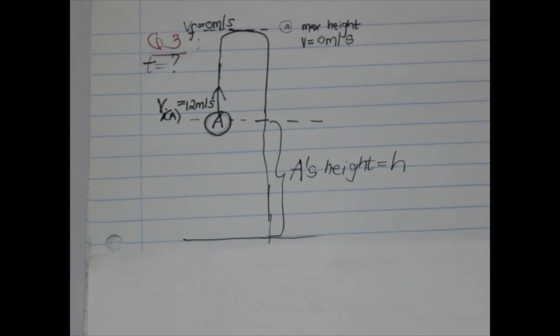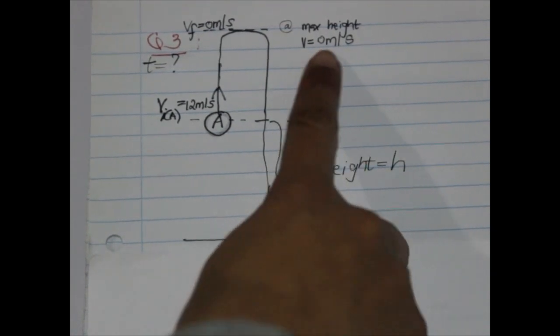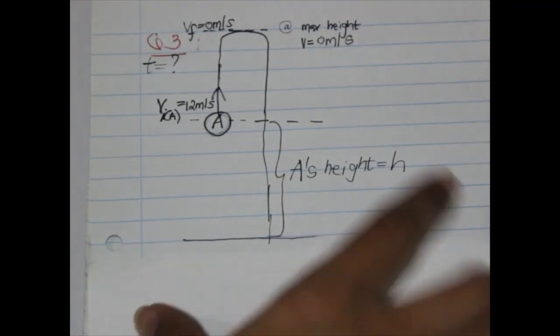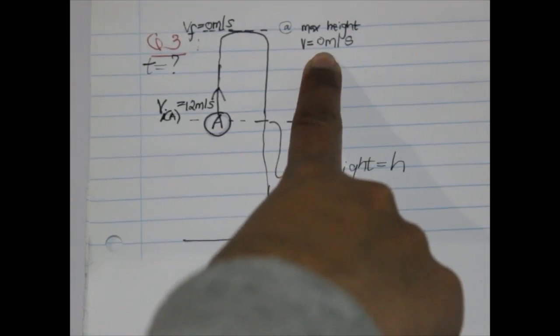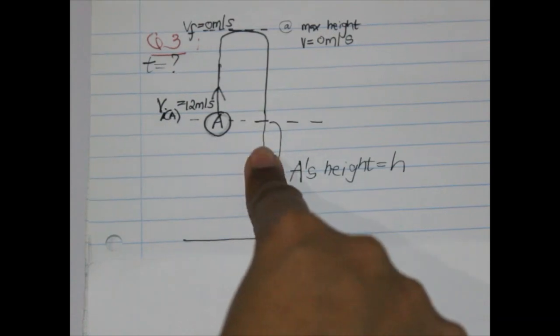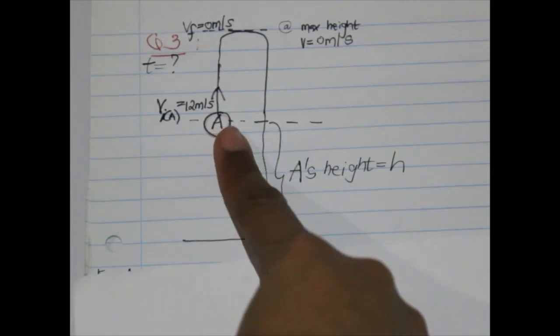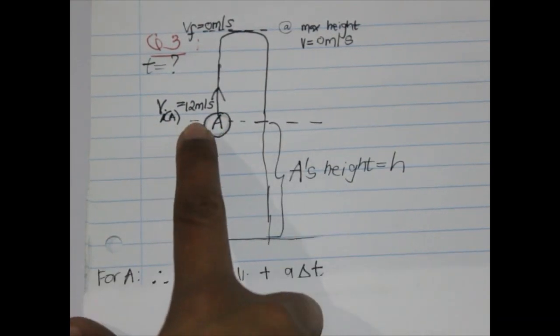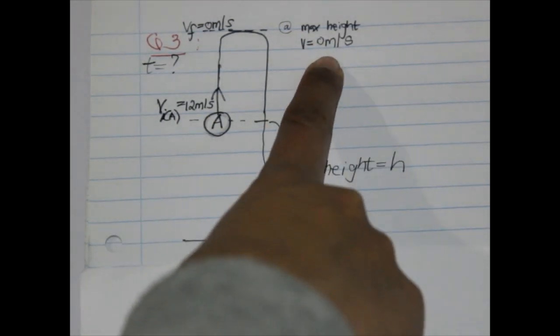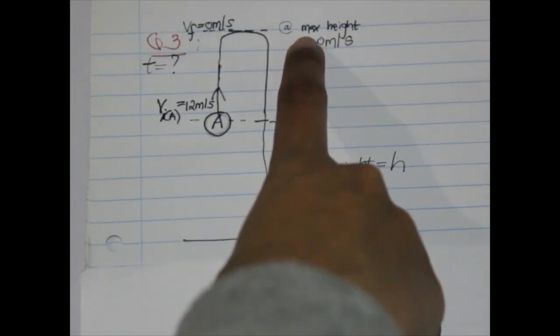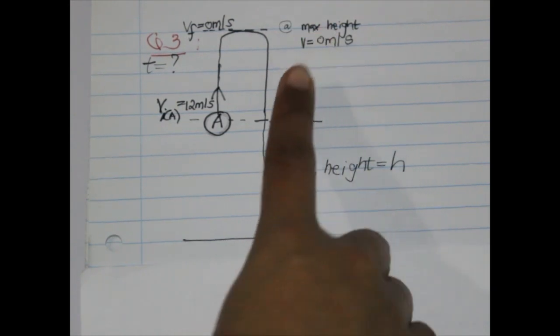Eventually, it will reach 0 meters per second. And once it reaches 0 meters per second, it will change direction and fall down. So we can safely say that the initial velocity is 12 meters per second, and our final velocity is 0 meters per second at the maximum height.